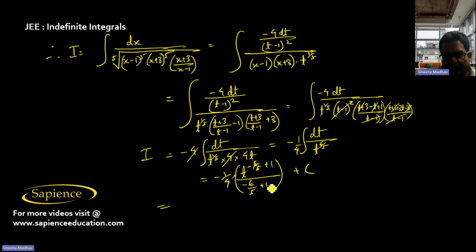So this will be minus 6 plus 5, that is minus 1 by 5. So this is 5 by 4, since minus minus will cancel, into t power minus 1 by 5 plus c.